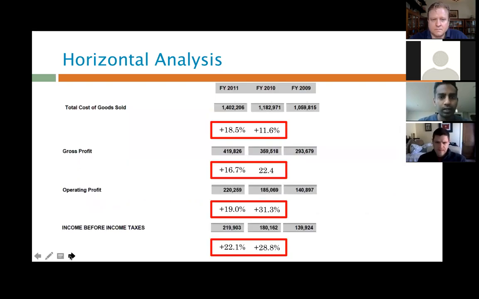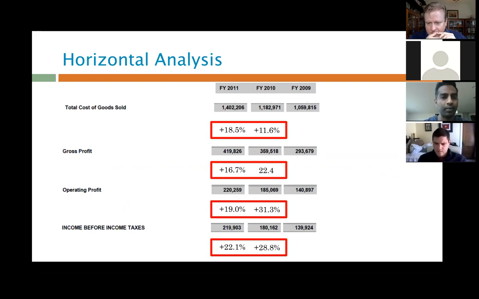Now, just like Jing did, we take a look at each of the pertinent numbers, and I picked a couple of them: total cost of goods sold, gross profit, operating profit, and then income before income taxes. A couple of things you can tell from here is that there's been a growth period, but a lot of the items, such as operating profit and income before income taxes, have slowing growth.